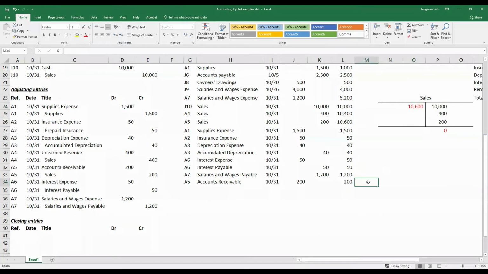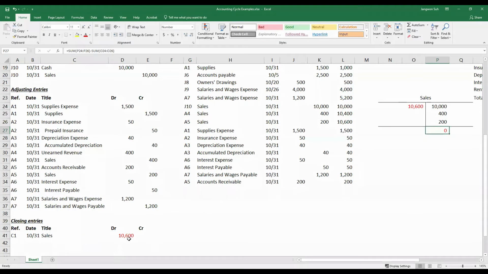What I'm saying is you need to debit the sales by the same amount, 10,600, to make the sales zero.